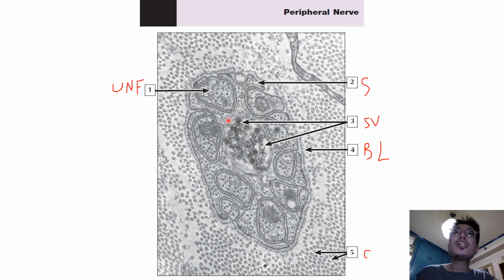And the invaginating cell here, with the groove-like invaginations, is the Schwann cell. 3 are synaptic vesicles. And number 4 is the surrounding basal lamina. The basal lamina surrounds the entirety of the Schwann cell. And externally, in the endoneural connective tissue, 5 are the collagen fibrils.